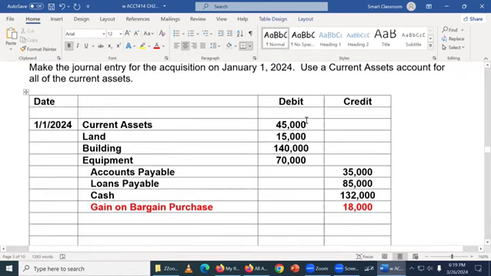So these are all going to be fair value. And even if we do have goodwill, it's basically what we call the fair value. The idea is that there's some reason why we're paying more for it.